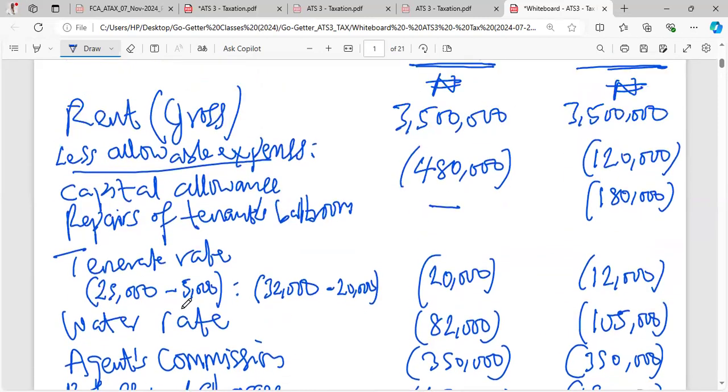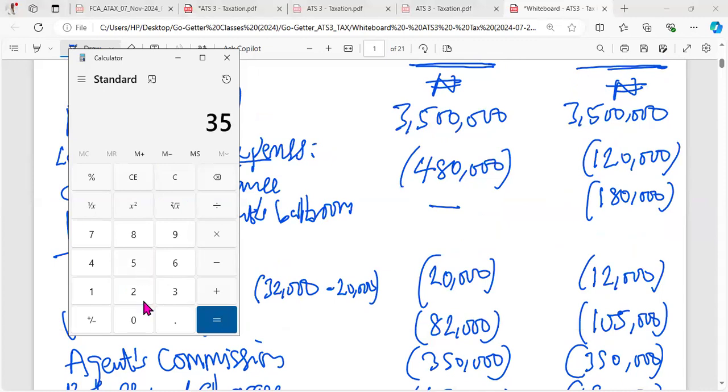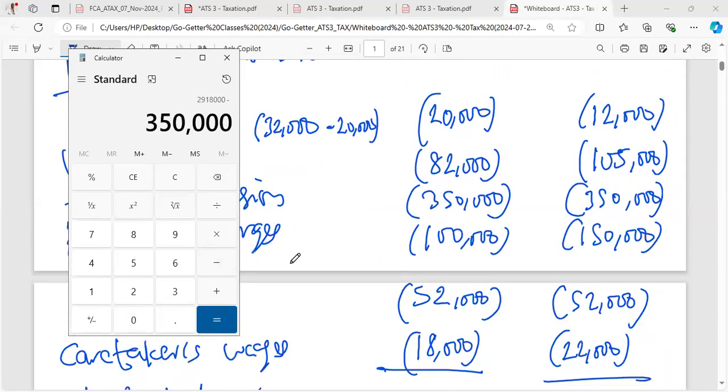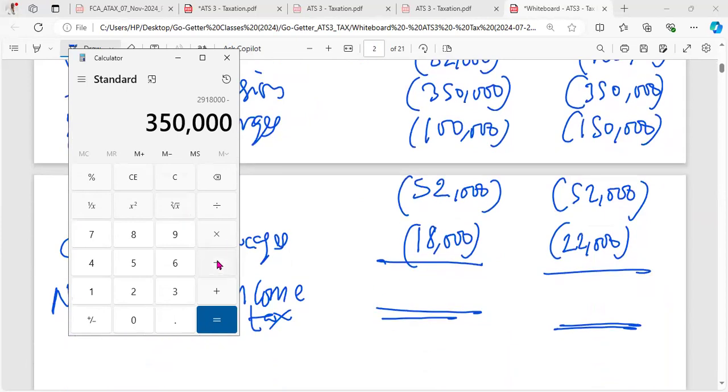So let's see it here. Let's calculate. We have 3,500,000 minus 480 minus 20,000 minus 82,000 minus 350,000 minus 100,000 minus 52,000 minus 18,000.